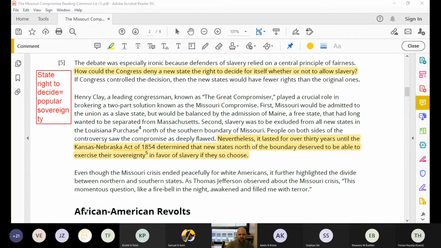Lincoln was a member of the House of Representatives. He was elected in the mid 1840s. I believe it was even 1846 when he was elected. And when he was elected to the House of Representatives, the U.S. was just in the process of declaring war on Mexico, really because the U.S. wanted that huge amount of territory in the southwestern part of the United States.